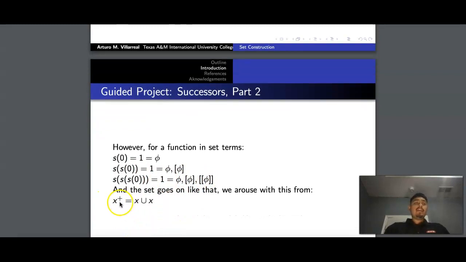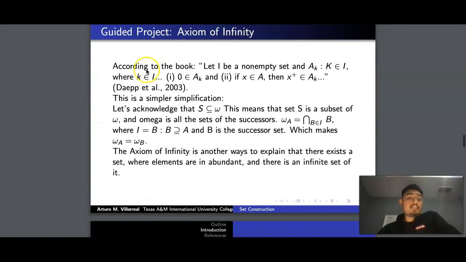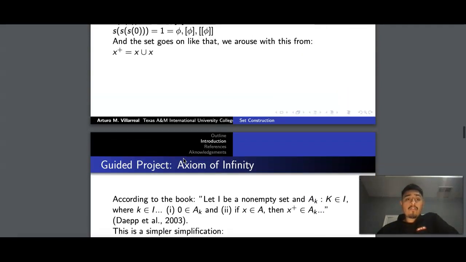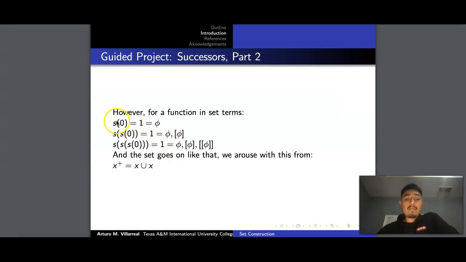And this is what it leads to: for x plus, we have x in union with all the previous elements, and that is what gives rise to the axiom of infinity. The shorter version of explaining the axiom of infinity is that in set theory, for every new step, this is the first step, this is the second step, this is the third step, the third step is going to include the elements of the second step and the first step.